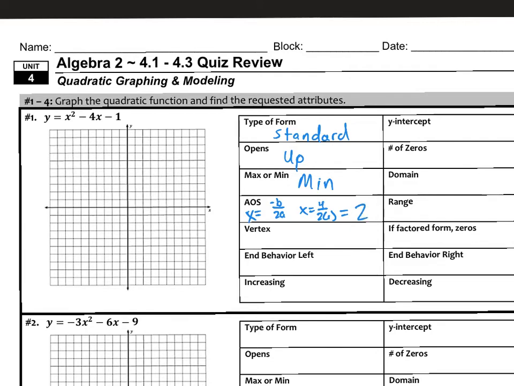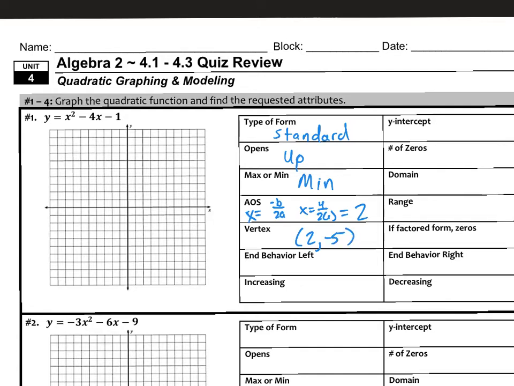My axis of symmetry is 2. I know that that then goes into my vertex as 2. I also could have calculated that by finding the minimum using my calculator. And when I do that, I find that the minimum is 2, negative 5.